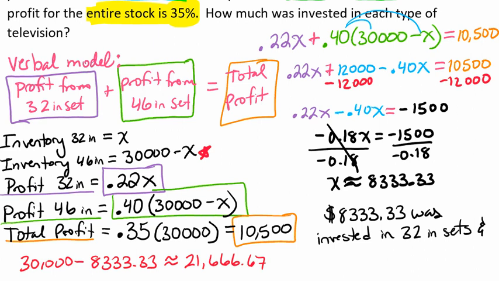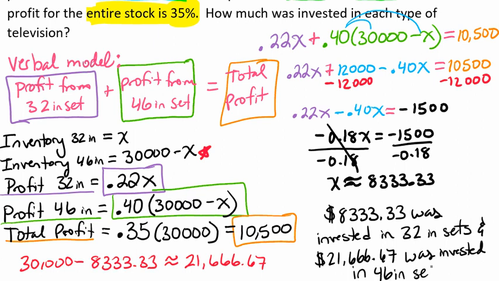So we can finish and say that $21,666.67 was invested in 46-inch sets. And we have our solution.